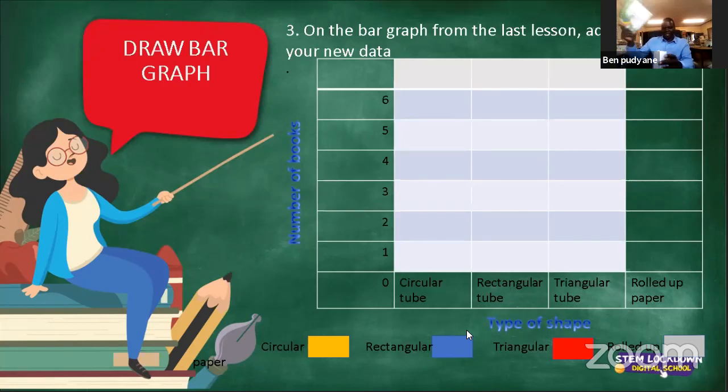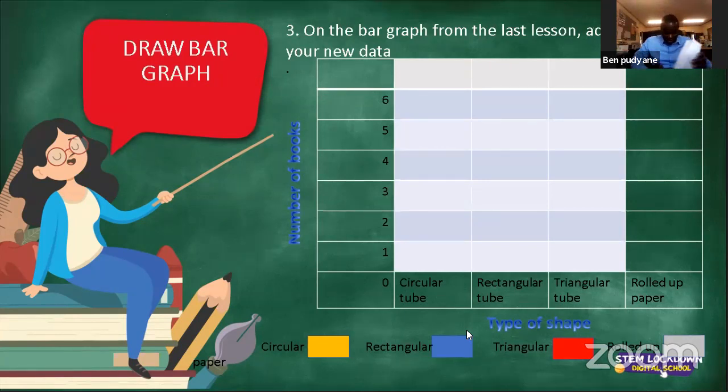Let me put here 1, 2, 3, 4, 5, 6, 7. It was able to put 7 books. The circular one was able to put 7 books on top.